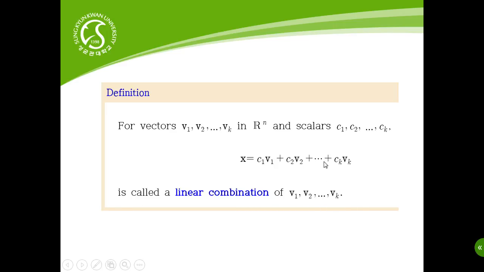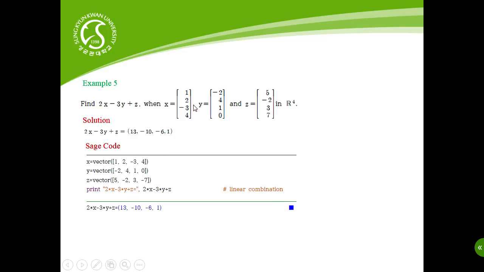For given k vectors, if we multiply a scalar on each and add them all, then it forms another vector x. This vector x is called a linear combination of these given k vectors, the vi's. Linear combination. This is the concept that we'll use over and over again in this course. Okay, so we should be able to compute it.